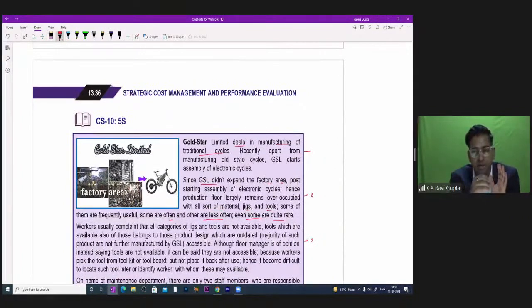Which we need not at all should be sold as scrap. Which we need but not now should be stored in a storeroom. And which we need now should be stored here. So the classification is done in this manner. We have a red tag also. So this is about the first paragraph.